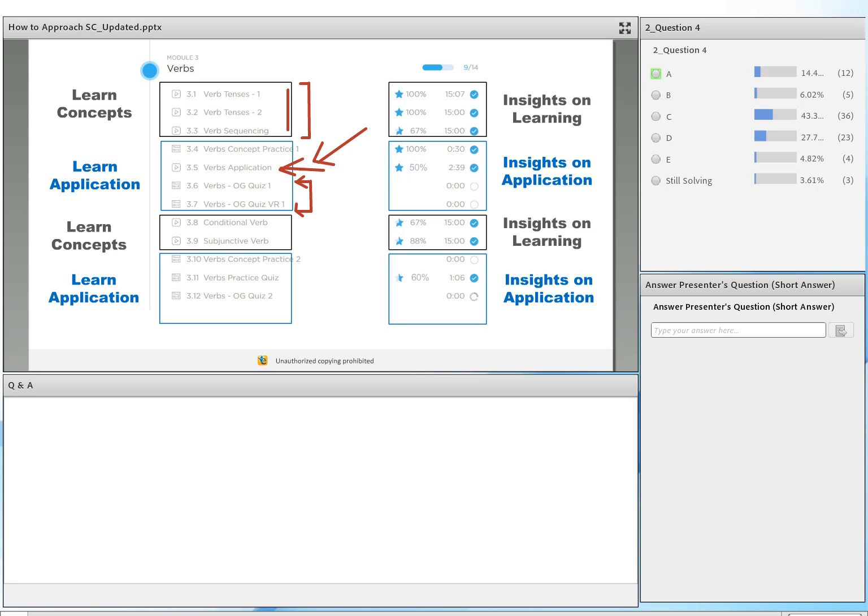And we are slowly, progressively building your ability to apply those concepts. That's the beauty of the modular nature of the SC course. Whatever you're learning, you're applying right away, which means that you're able to cement those concepts right away.